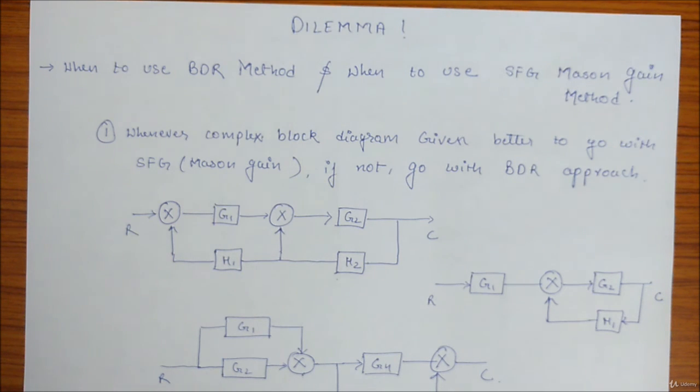Then we switched to Mason's gain formula. We saw exception cases. We saw multiple examples on Mason's gain. And finally, we know how to convert a block diagram to SFG. Then at last we concluded with which method we should choose depending upon the question.